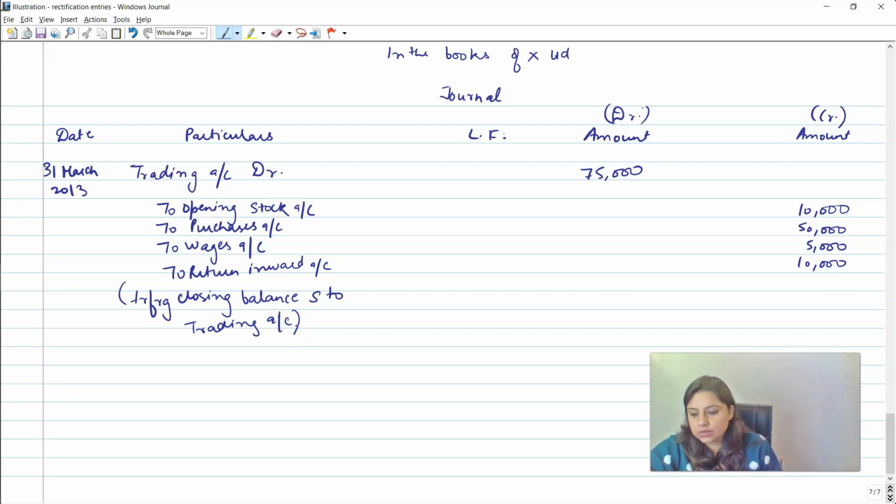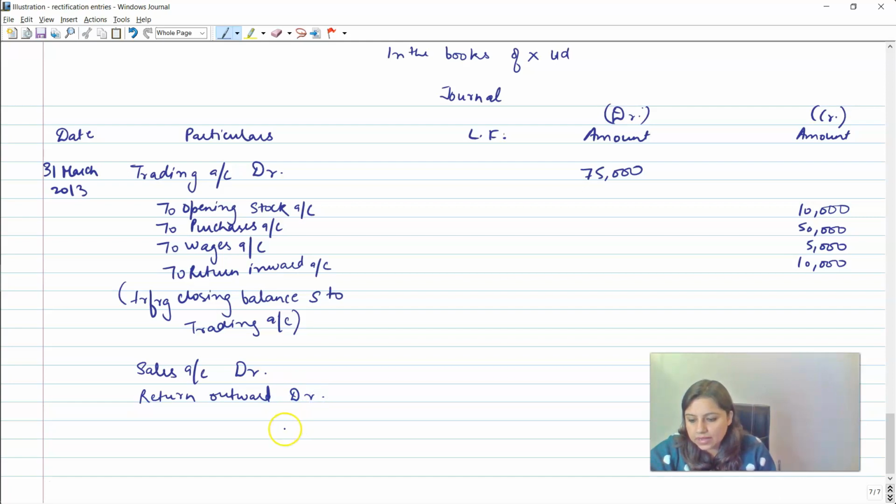All right. So now, after return inward, we also have return outward as well as sales, which we will be crediting in the trading account. So on 31st of March, on the same date, we will pass the entry. So sales account has to be debited. Then we have the return outward, which will again be debited.